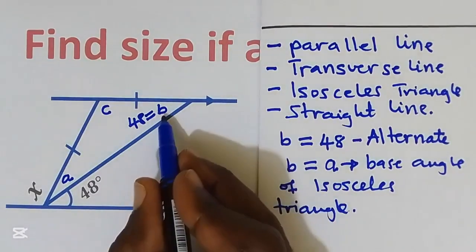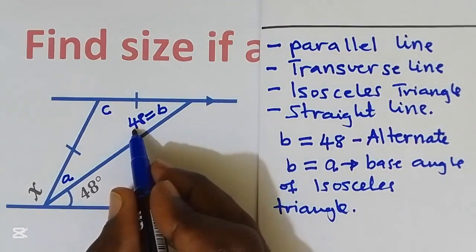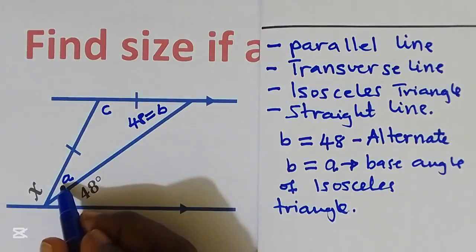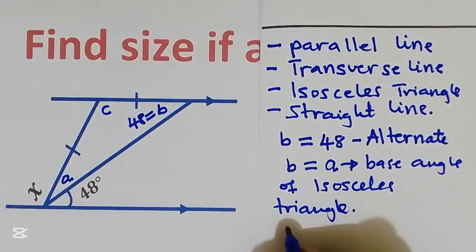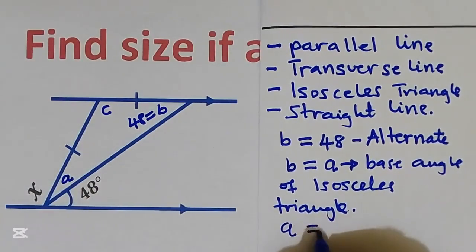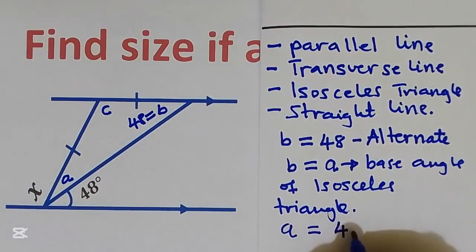Since B is equal to 48, A also is going to be equal to 48. So A is equal to 48 degrees.